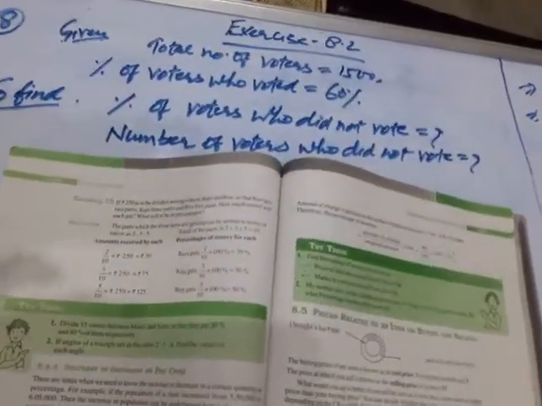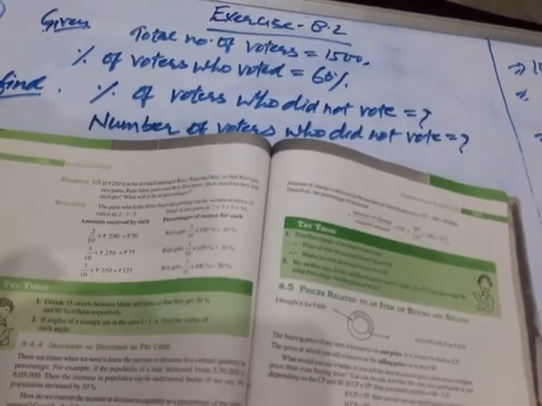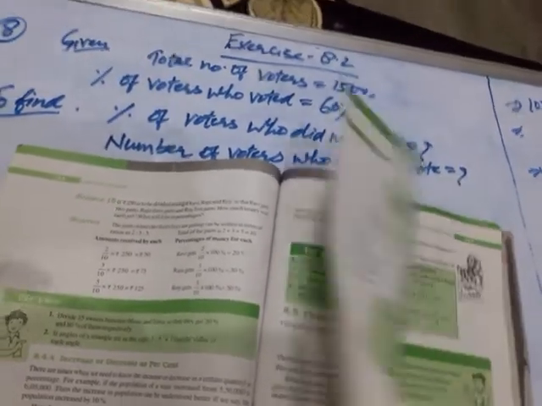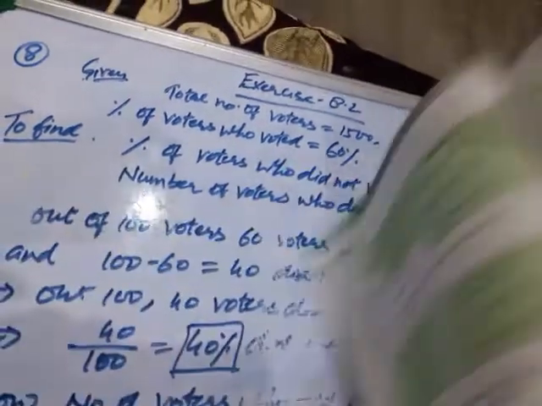Okay children, what other terms are there? That is profit and loss. Profit is also known as gain, and loss. If we purchase something and then we sell it, then there are three situations.